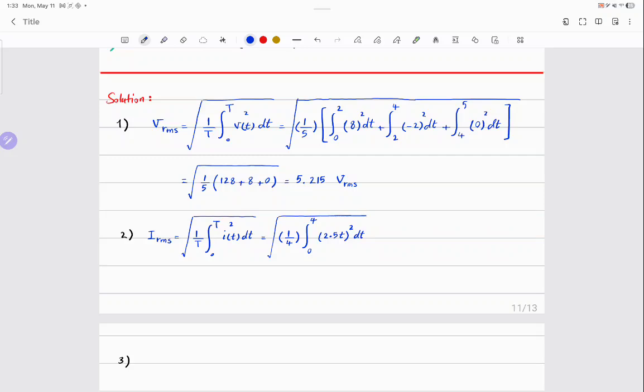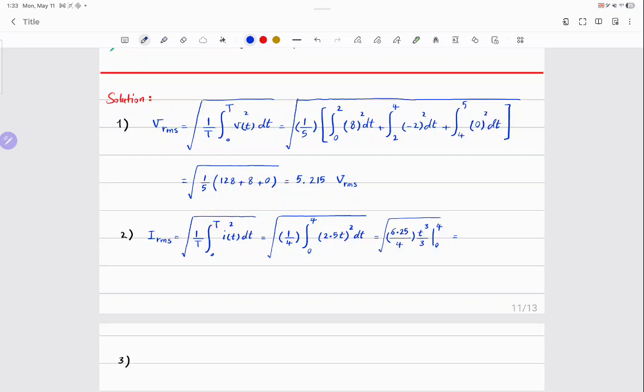And it's equal to, so I have 6.25 divided by 4 multiplied by t to the 3 divided by 3 from 0 to 4.